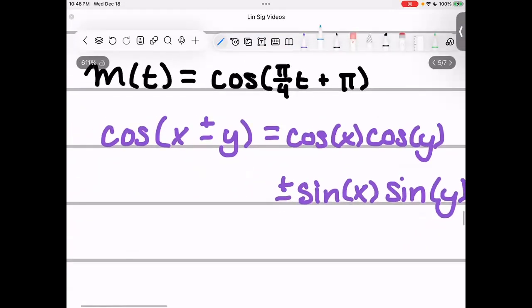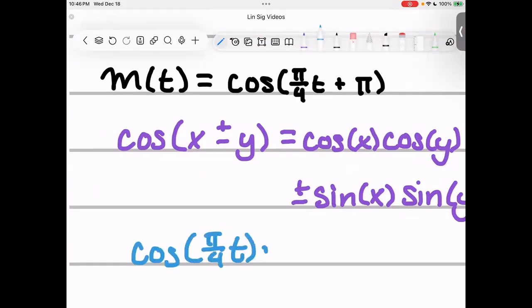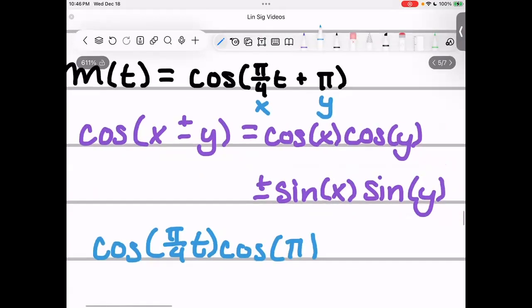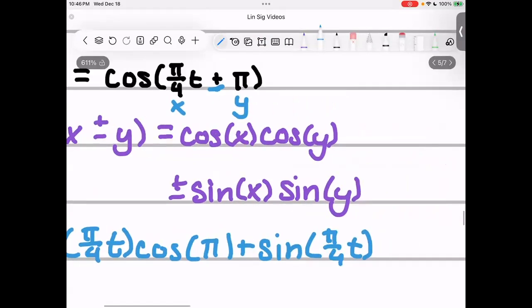So if we apply this to m of t, we're going to get cosine of pi over 4t, cosine of pi, right, because that's our y, and this is our x, plus, because we have a plus here, sine of pi over 4t, sine of pi.